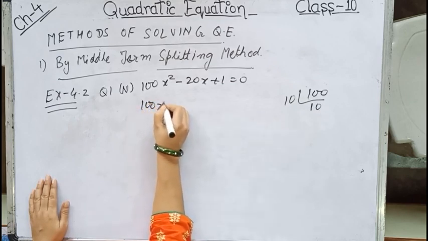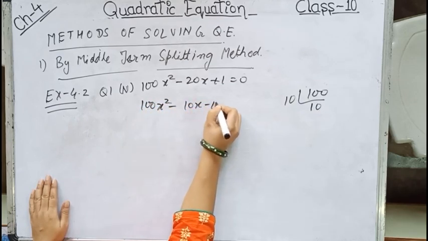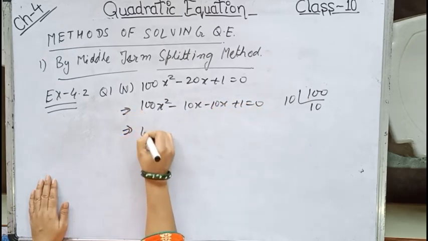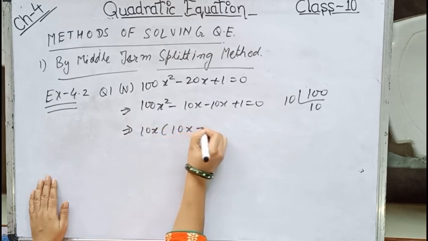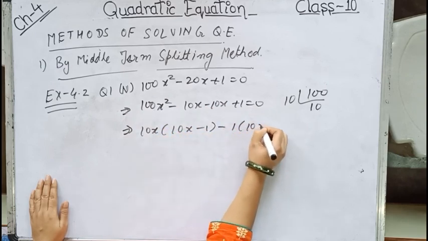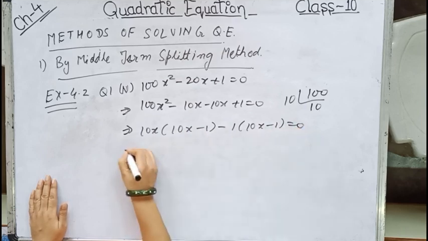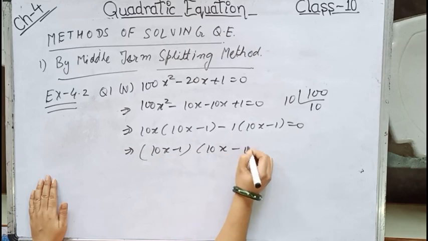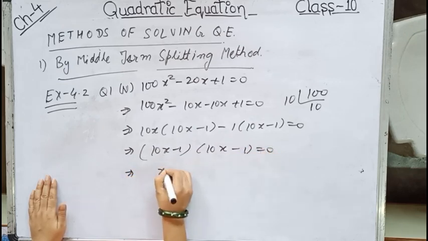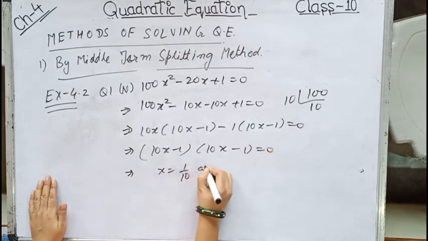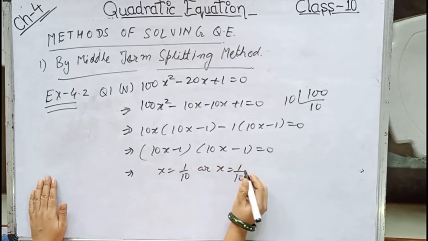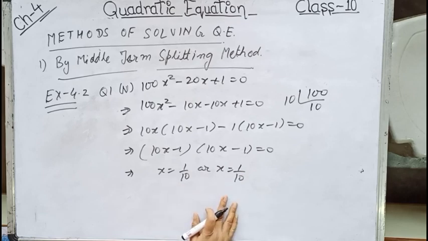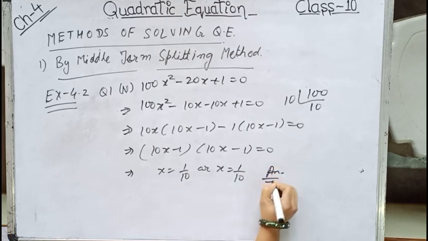So 100x square minus 10x minus 10x plus 1 equals to 0. This implies 10x, 10x minus 1 minus 1, 10x minus 1 equals to 0. This implies 10x minus 1, 10x minus 1 equals to 0, implies x equals to 1 by 10 or x equals to 1 by 10. So it is a complete square. So both the zeros are 1 by 10 each and this is the answer.